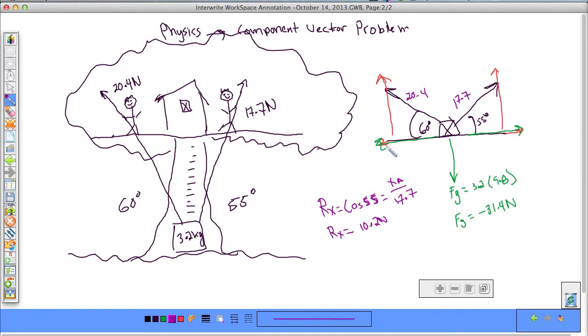So now let's look at this other x direction. It's going to be the same kind of thing. So we're going to take the cosine of 60 and multiply that times 20.4, right? And this is the negative Rx direction because this is pulling the other direction.